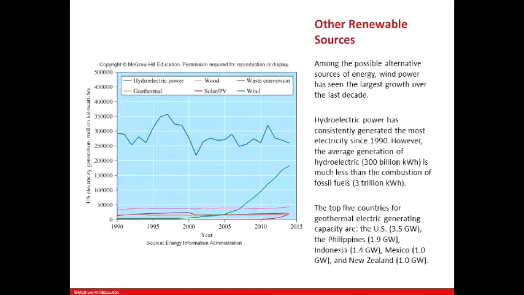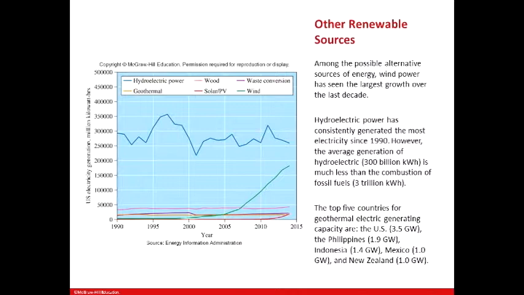Among the possible alternative sources of energy, wind power, and you will want to know this, has had the largest growth over the last decade. If you follow the scale, wind has been growing, and this is hydroelectric. Hydroelectric has consistently generated the most renewable electricity since 1990. Hydroelectric, water electric, you get it?